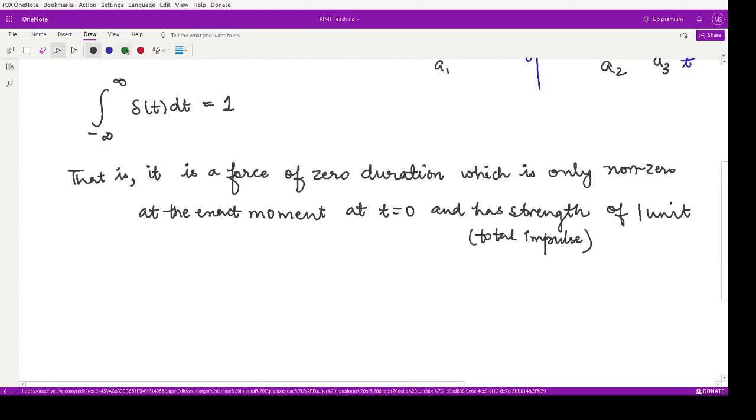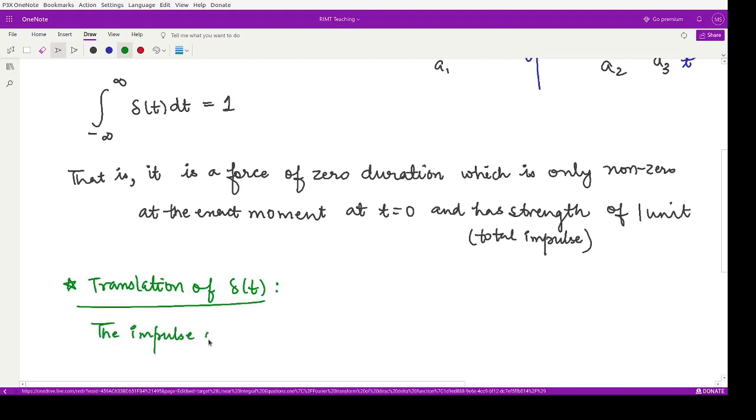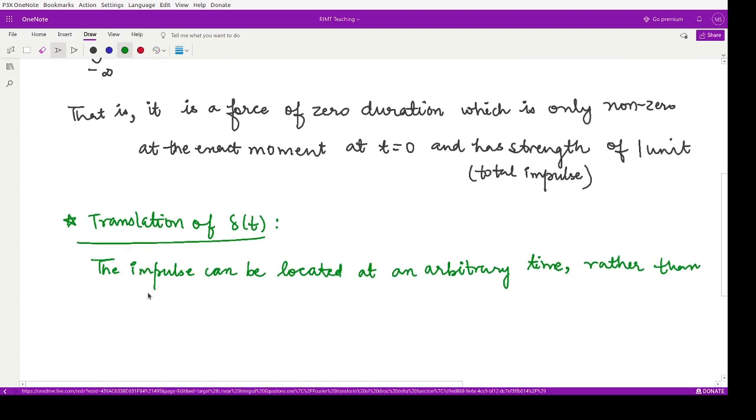Now similar to this, we have translation of this Dirac-delta function, delta of t. So what is this translation? The impulse can be located at an arbitrary time rather than just at t equal to 0.